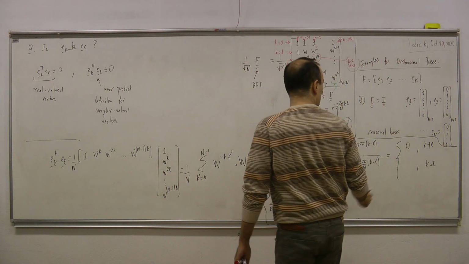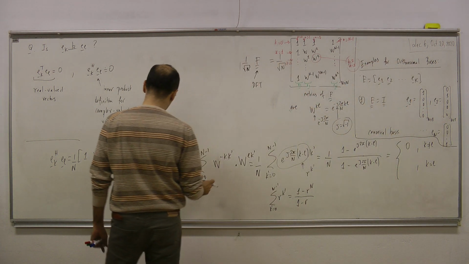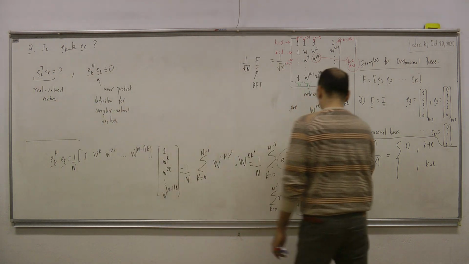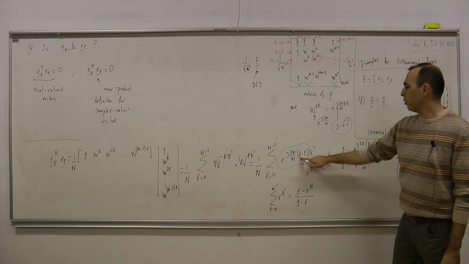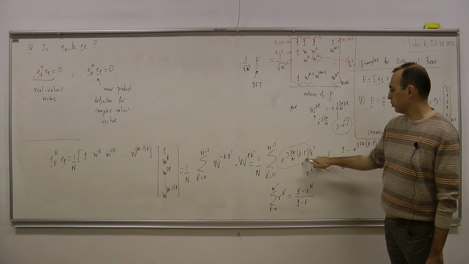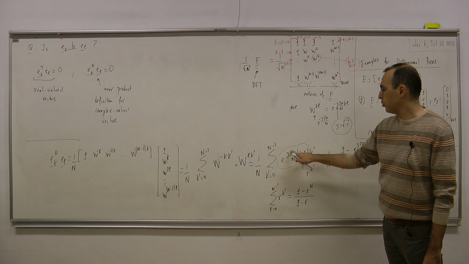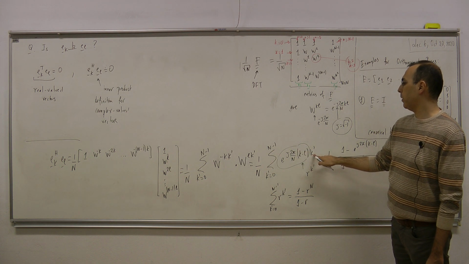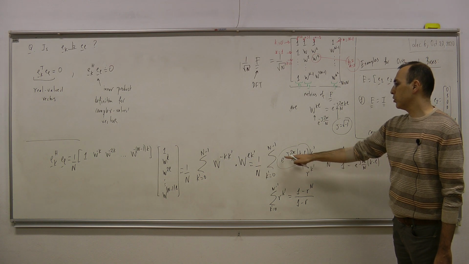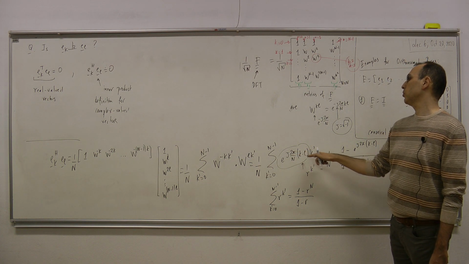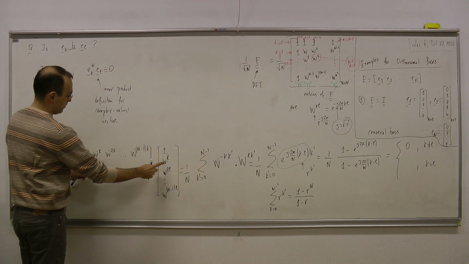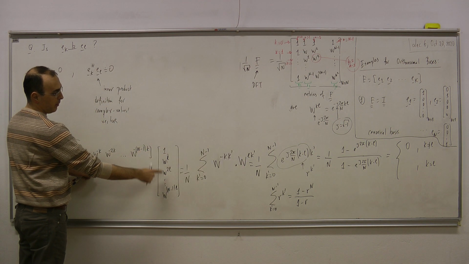But when k is equal to L, well, it's very easy to see from this one. When k is equal to L, this is 0. So I have e to the 0 to the power k prime. E to the 0 is 1. So it's always 1. Okay? Or when k is equal to L, these two vectors are the same.